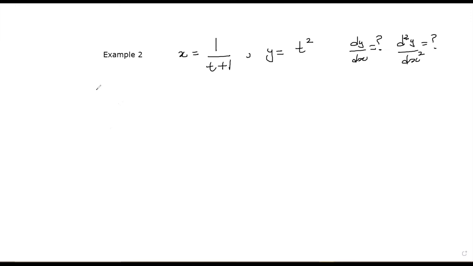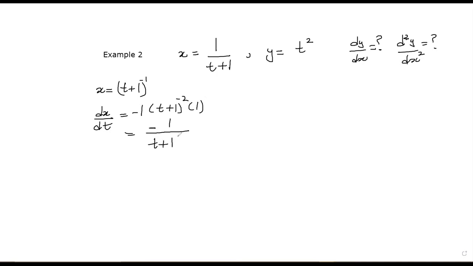So first of all, we will rearrange the way x is written. Then we will find dx over dt. And the final result that we get is minus 1 over t plus 1 whole squared.